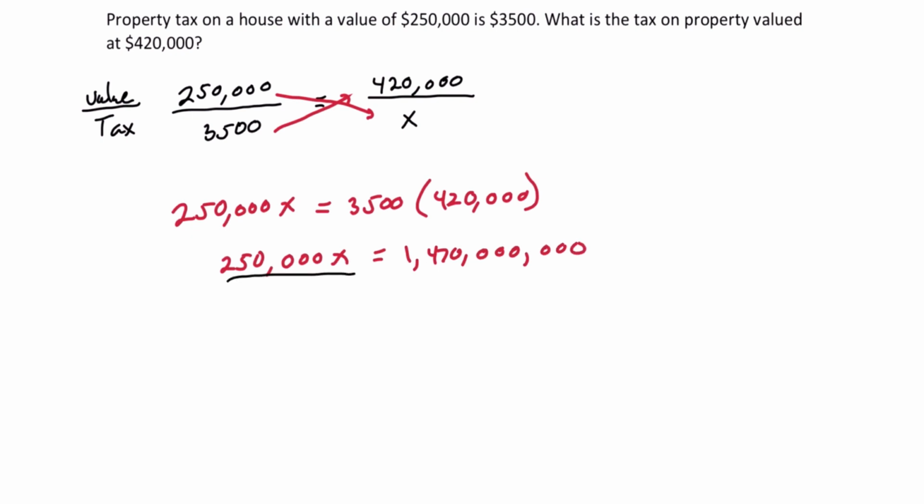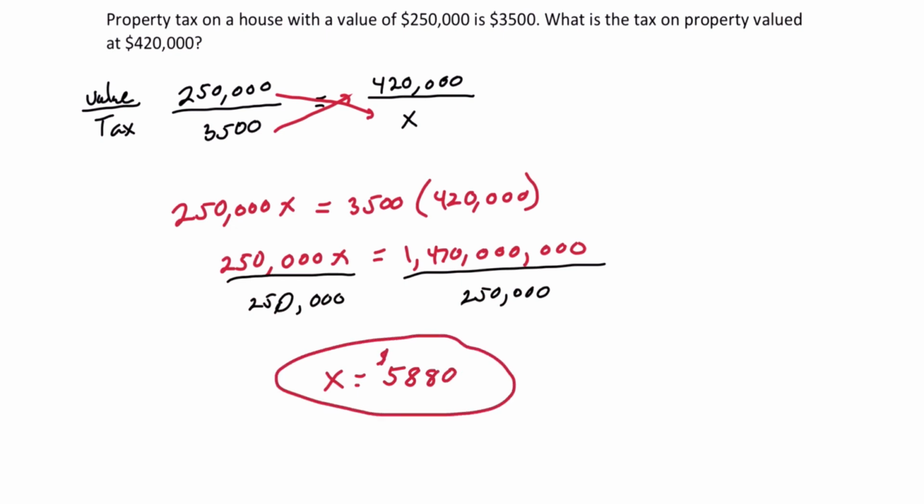Next, divide by 250,000. And we can see that x is $5,880. That is the tax on a house valued at $420,000.